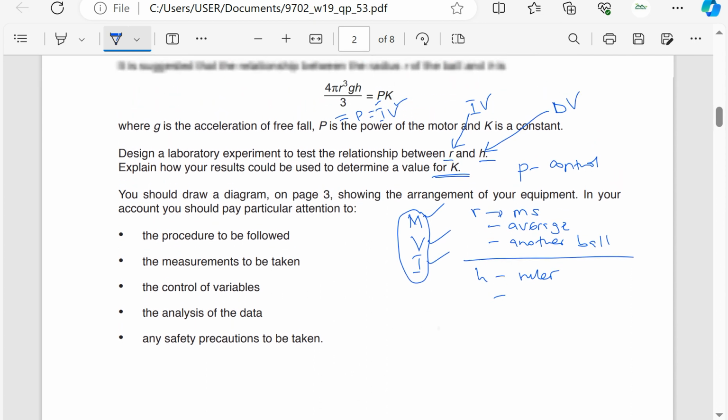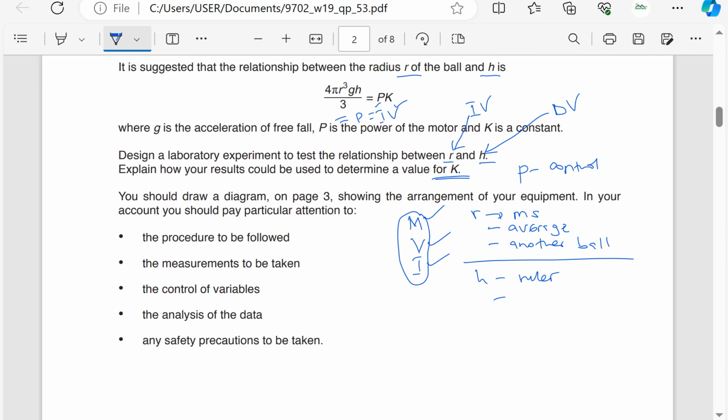So from the expression, I will make the dependent variable the subject, or something related to the dependent variable the subject. From the equation given, I notice that h is going to be 3pk divided by 4 pi g times r cubed. Remember, r was the independent variable.